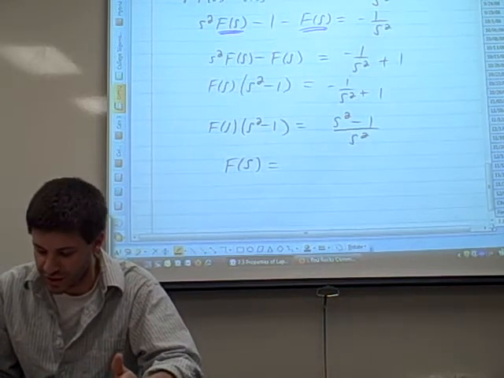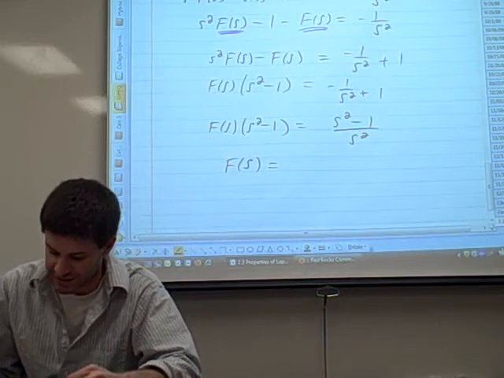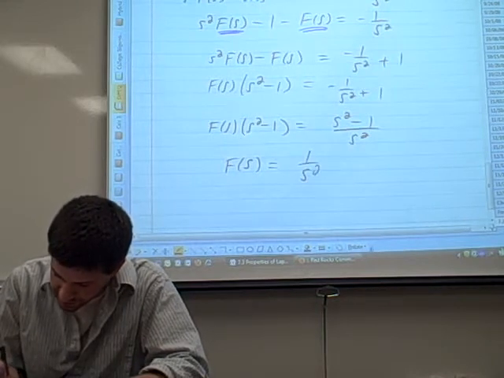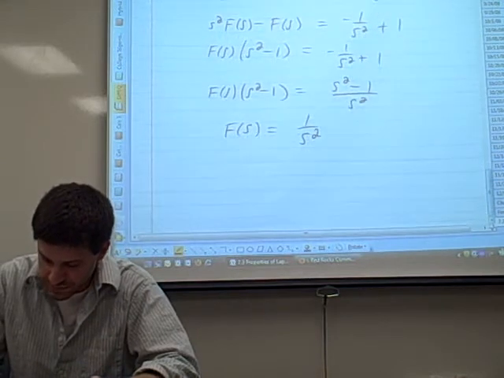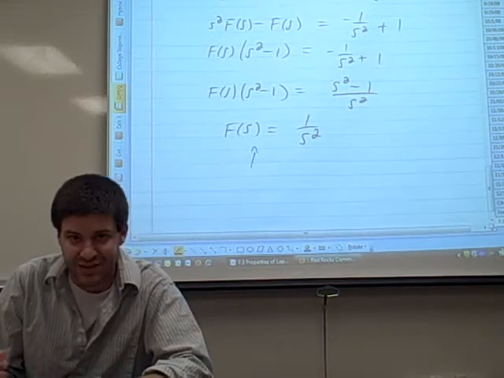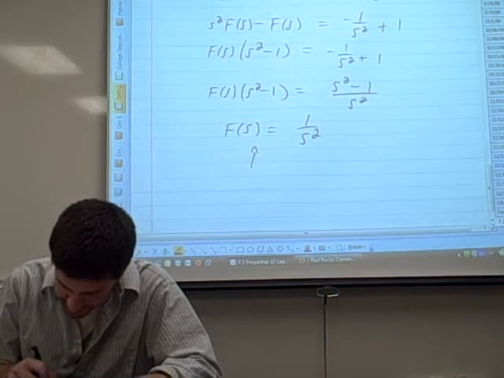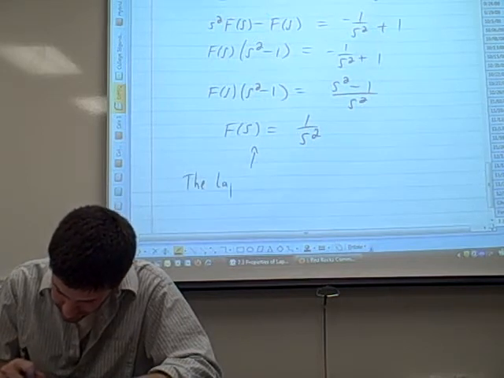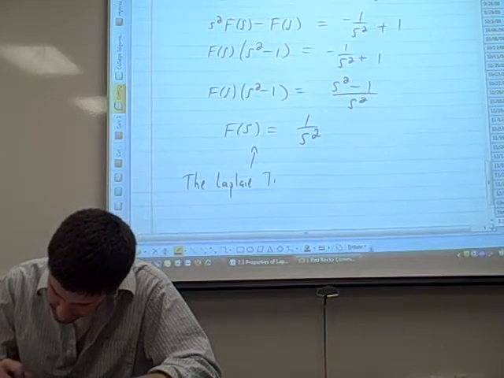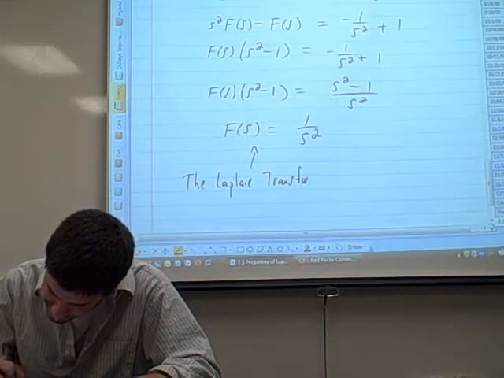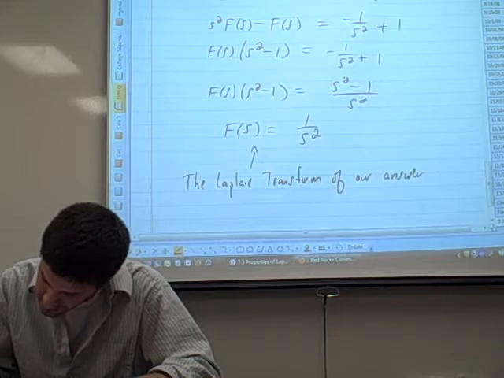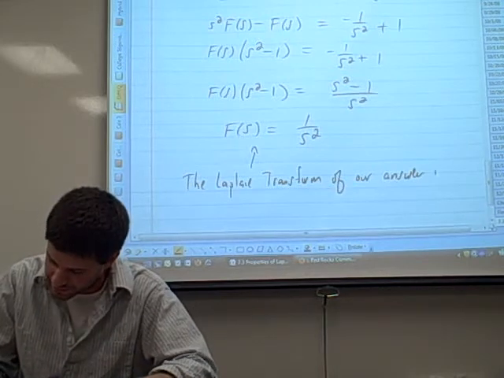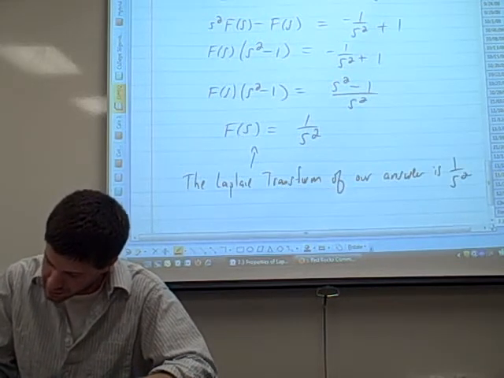Now, you'll notice if we do that, we're just going to get some cancellation on the right-hand side, and we're just going to be left with 1 over s squared. Now, what this line says is the Laplace transform of our answer is 1 over s squared.